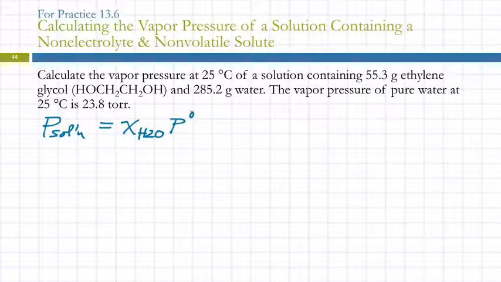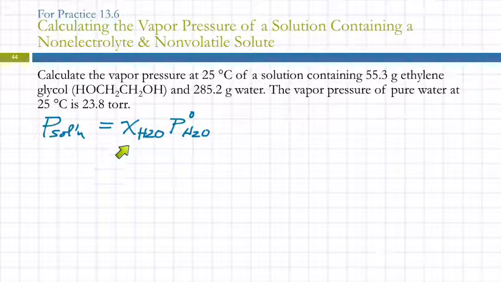Times the vapor pressure of the pure solvent. Well, do we know either of those? Vapor pressure of pure water. Yeah, we know the vapor pressure of pure water. They told it to us. It's 23.8 torr. We're trying to calculate the vapor pressure of the solution.